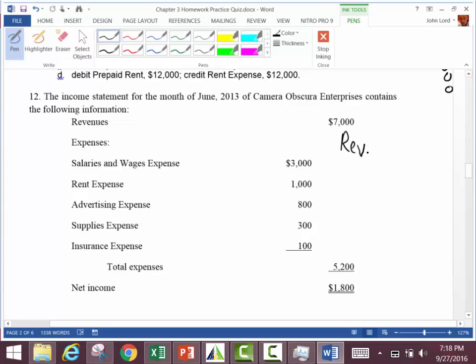You can just put rev. Good. Going to debit it for 7,000, right? Now you've got to credit something, right? What do you want to credit? No, I'm going to credit my income summary for 7,000.